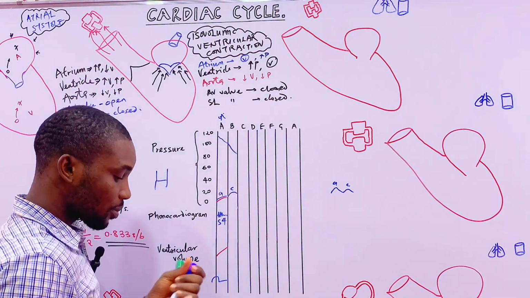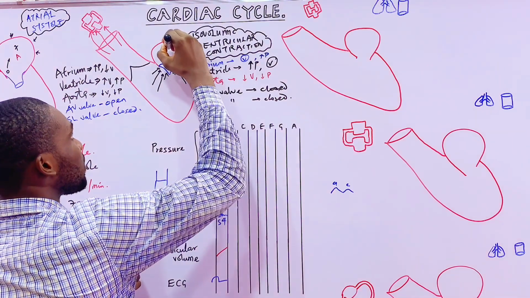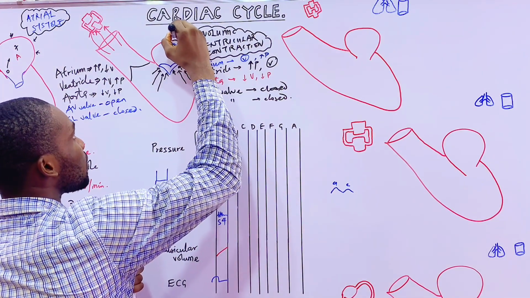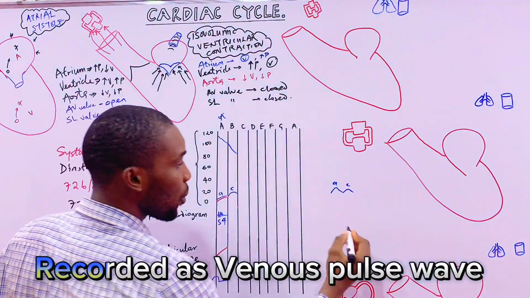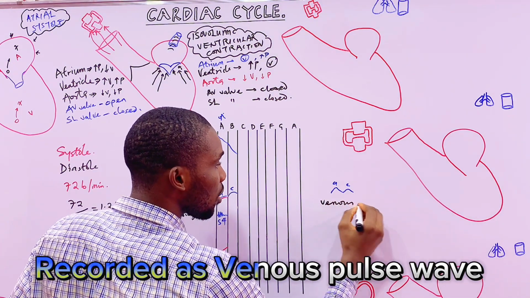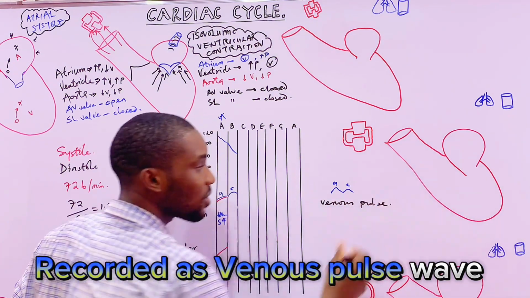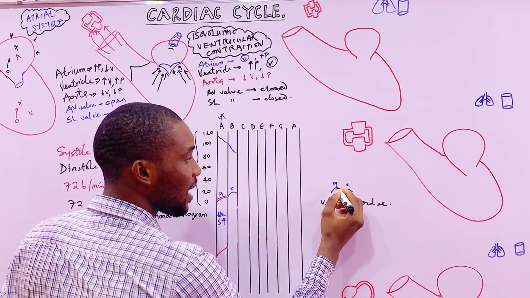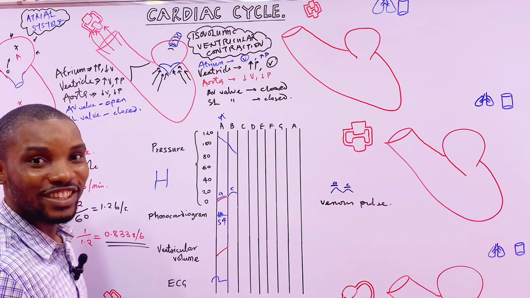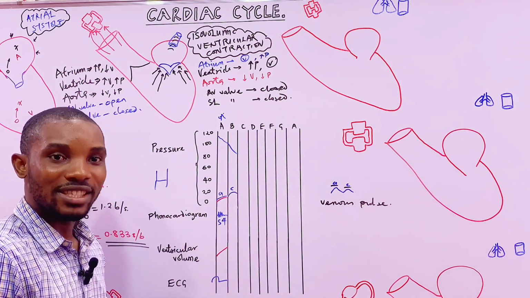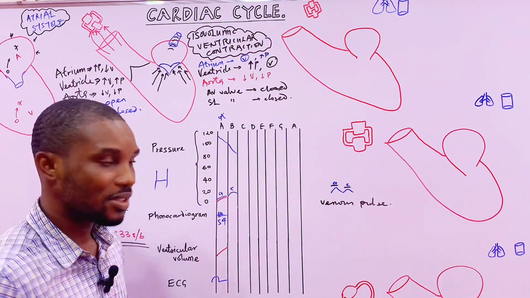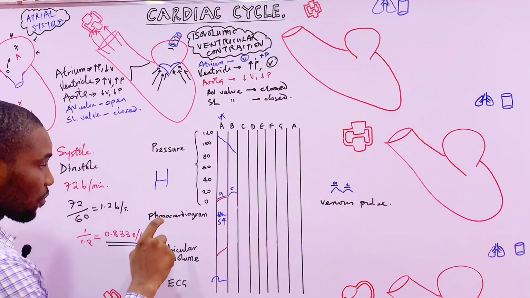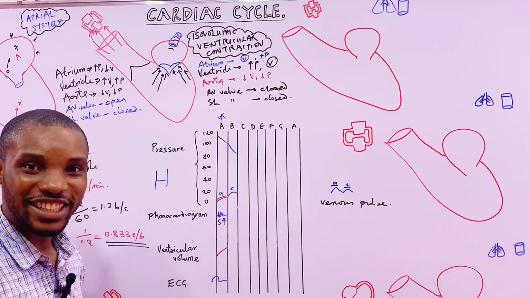So the pressure in the chamber is reflected backwards, all right, and recorded in where? Venous pulse. So it's recorded as a venous pulse wave. That's why we have these as venous pulse waves. So it's the same wave that's seen in the atrium is seen in what? Venous pulses.